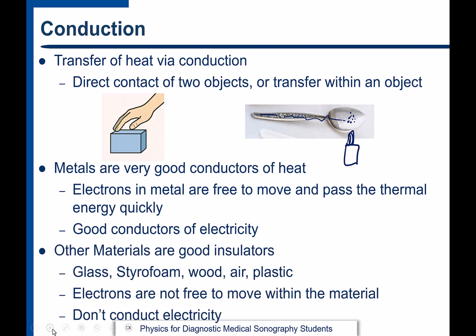We also know that there are lots of materials that are good insulators. So we've already talked about wood and plastic, but you can imagine things like glass or styrofoam, air. Those are all good insulators. What makes a material a good insulator is that the electrons are bound to each individual atom. So there are not a bunch of free electrons.